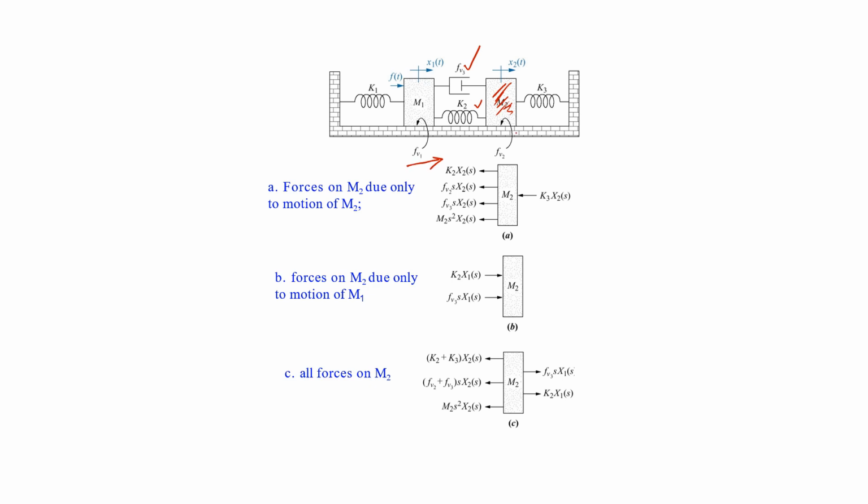It will encourage the mass m2 to move towards the direction of displacement x2. That's why the arrow on these two forces is towards the right side. In figure C, we will combine all of these forces from figure A and figure B, and after this superposition, we have the final free body diagram for the mass m2.